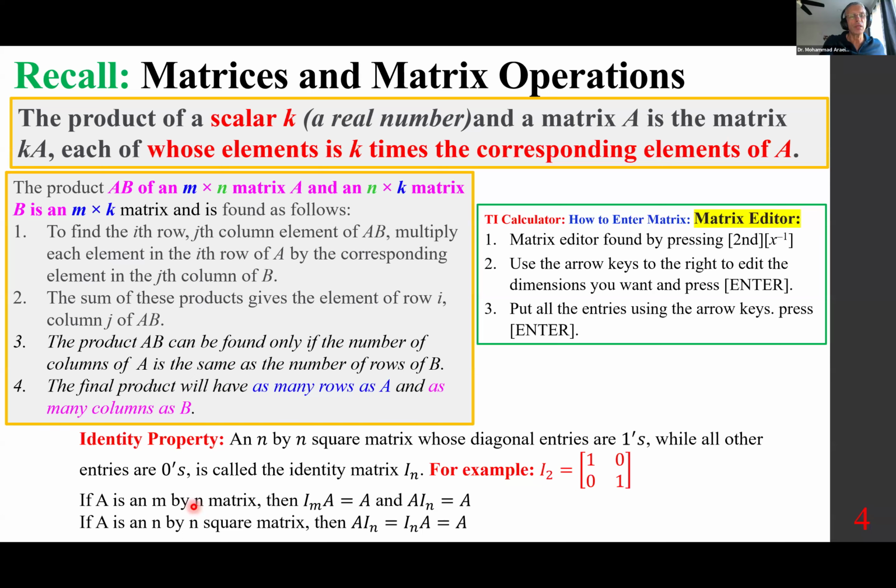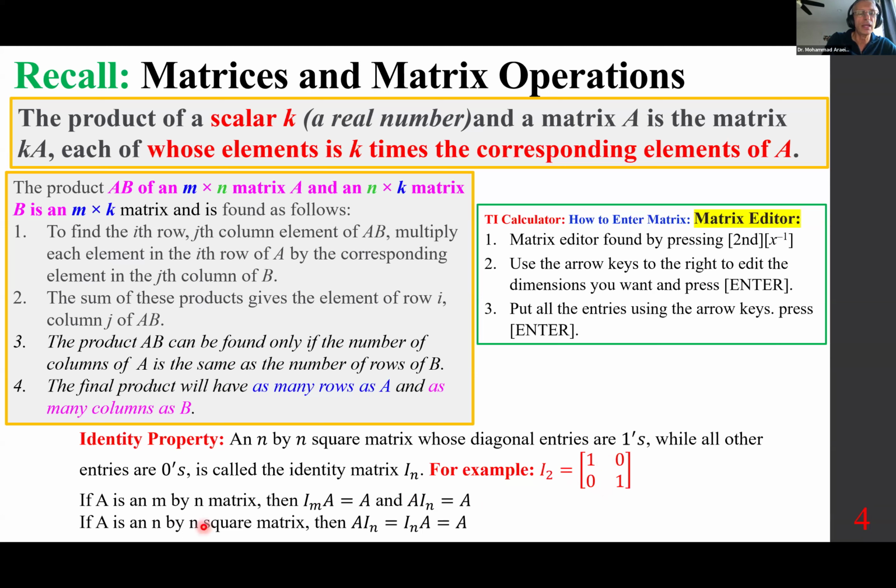If A is an m by n matrix, then Im times A equals A times In equals A, which means if you multiply the identity matrix of a proper size by matrix A, from the left and from the right, the identity may be a different size because A is not a square matrix, and that results in A. Remember, 1 times a number equals a number times 1. That's the same concept. That's the essence of the identity matrix.